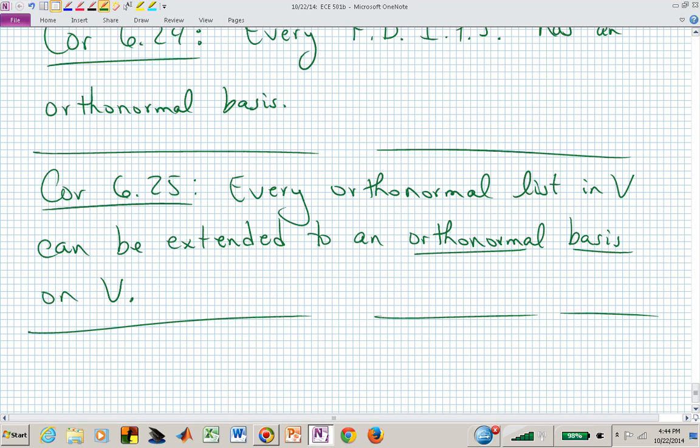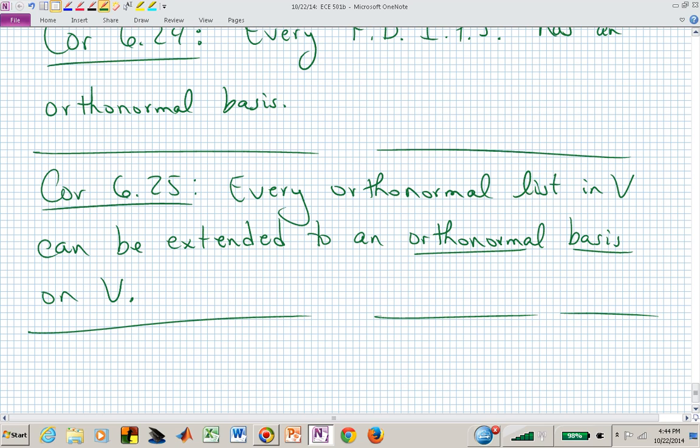So now we just have to start throwing some vectors in the set that are linearly independent. So you just go in a slightly different direction, and then you can use Gram-Schmidt to orthonormalize that new vector that you've thrown into the pot.